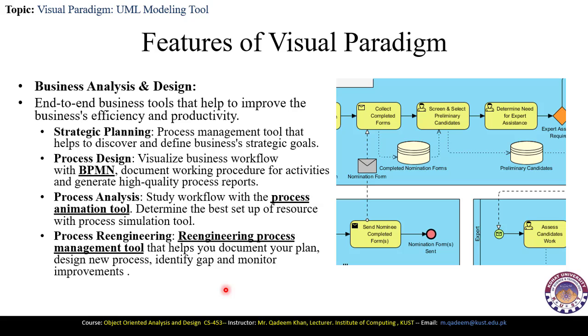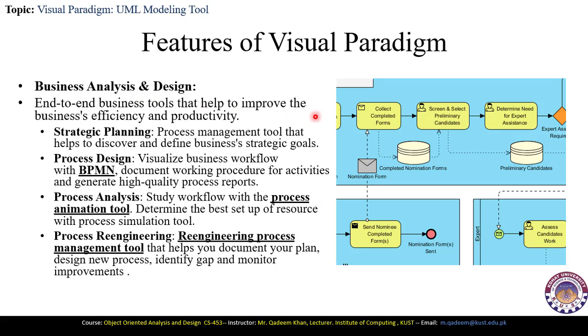Another important feature of Visual Paradigm is business analysis and design. Business analysis and design is performed to analyze the business, which means cost effectiveness analysis here. So here we want to identify the cost of each business phase and compute the cost benefit factors.